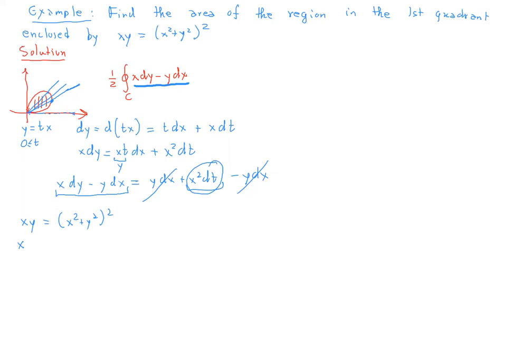So this will be x squared t, and this will be x squared plus t squared x squared squared, and this will be x squared t being equal to x to the fourth times 1 plus t squared squared, which when we cancel the x squares, will give us an x squared on the left equals t over 1 plus t squared squared.